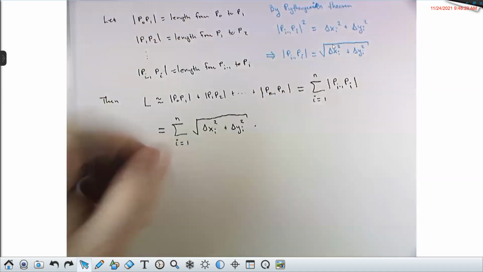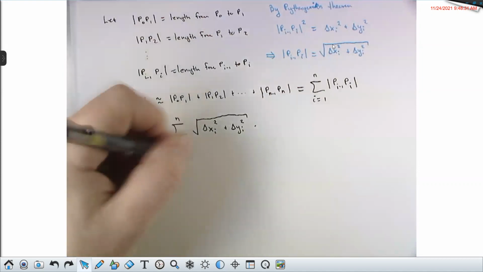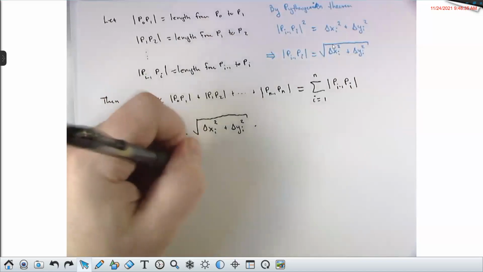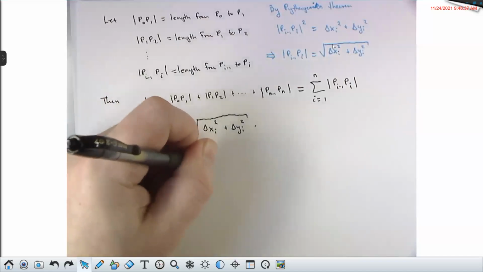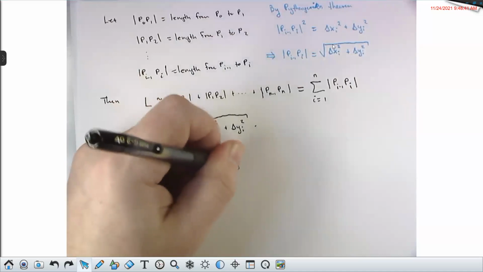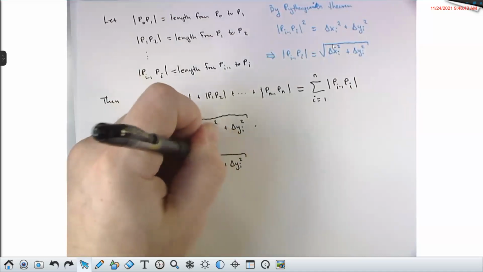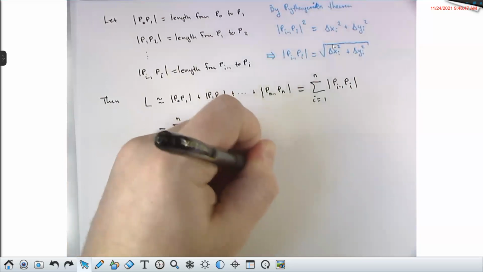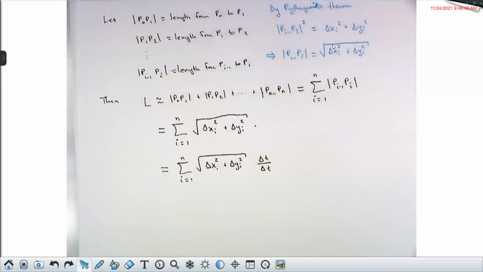We get sigma i from 1 to n square root delta xi squared plus delta yi squared times delta t over delta t.